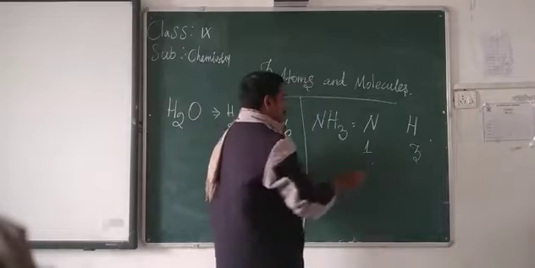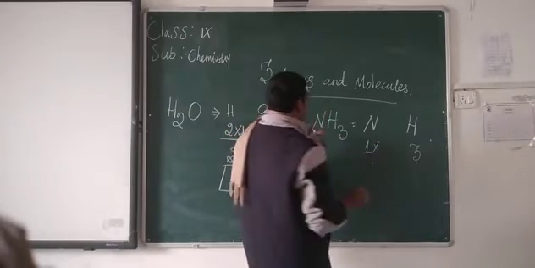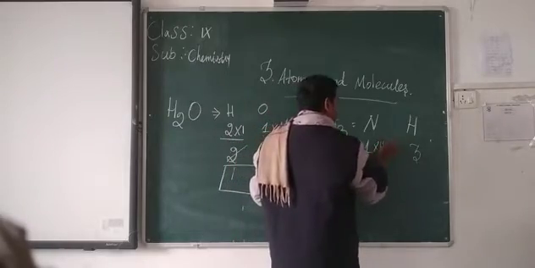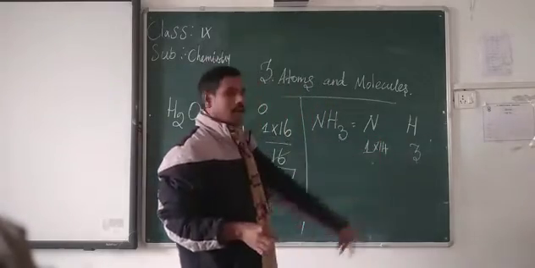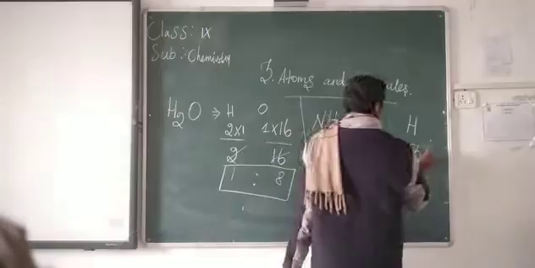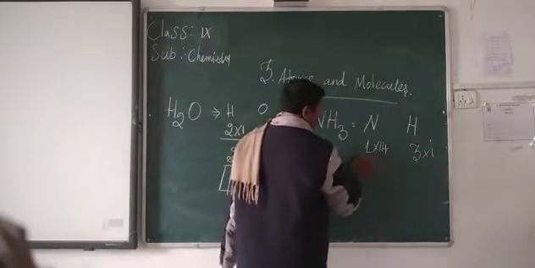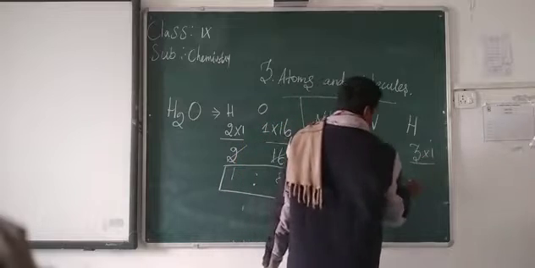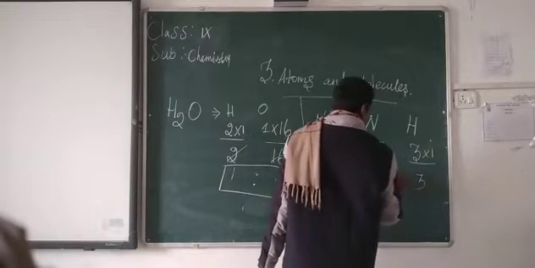Now mention the mass number. What is the mass number of nitrogen? That is 14. What is the mass number of hydrogen? That is 1. Then you multiply 14 into 1 and 1 into 3.